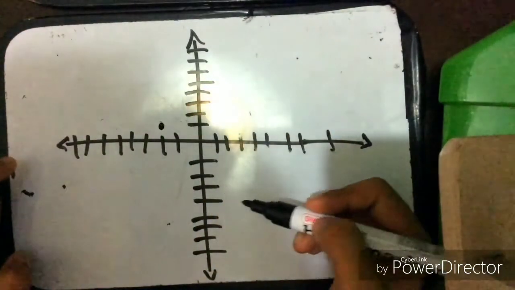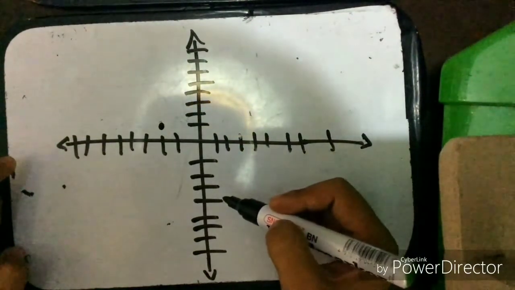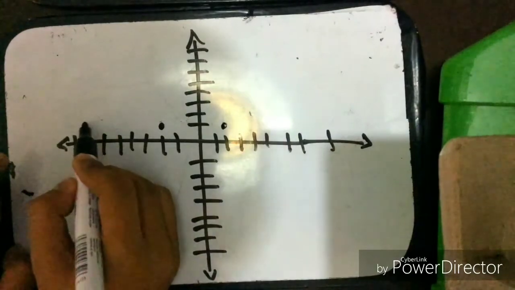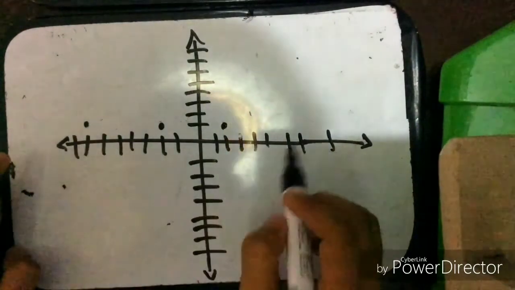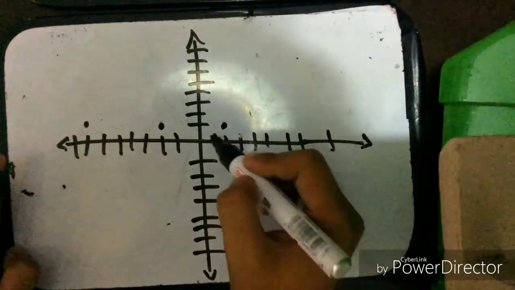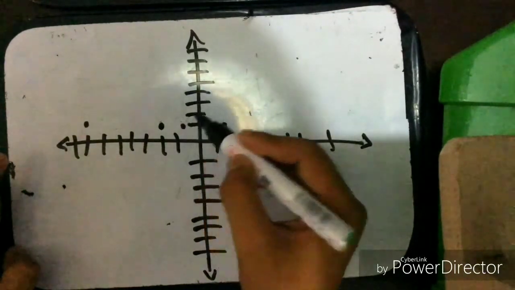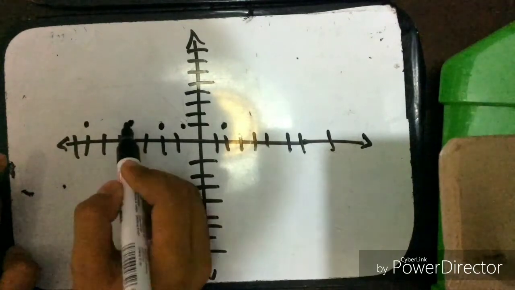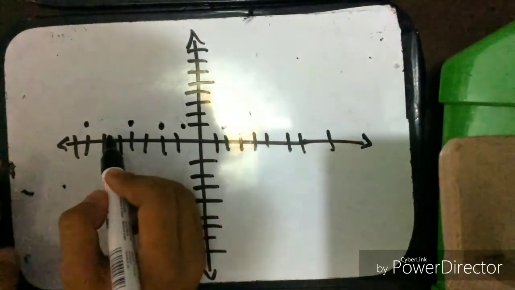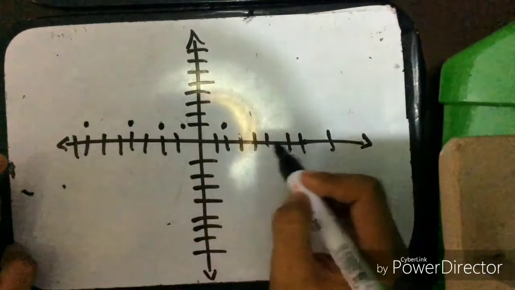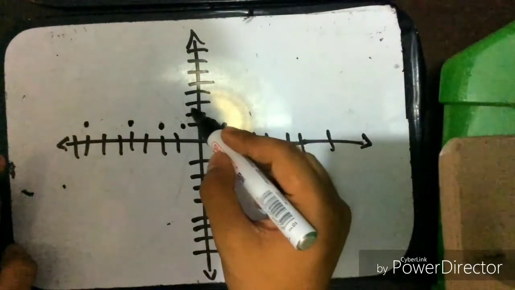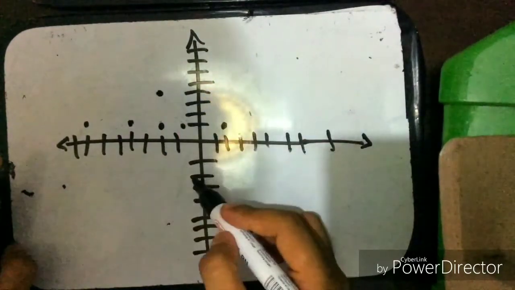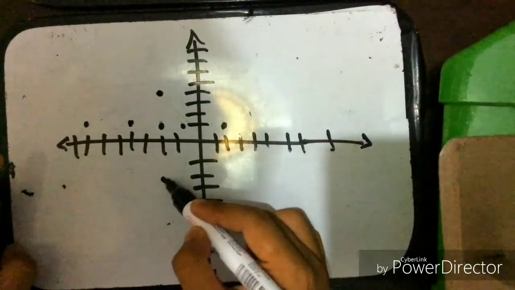For your vertices, the first vertex is 2 and 1, then the second is negative 6 and 1. Your foci are 0.65 and 1, and negative 4.65 and 1. And for the endpoints of the minor axis, negative 2 and 4, and negative 2 and negative 2.